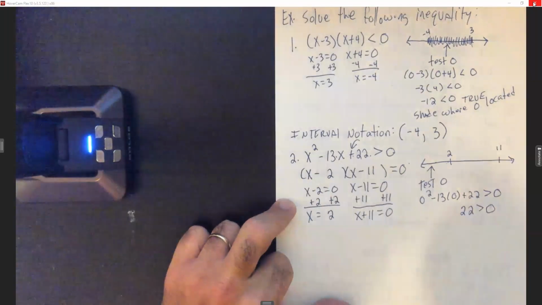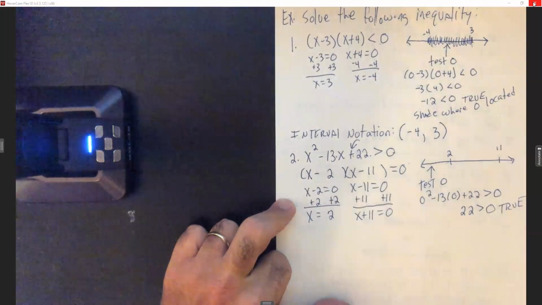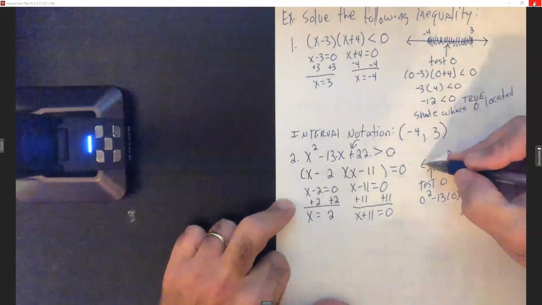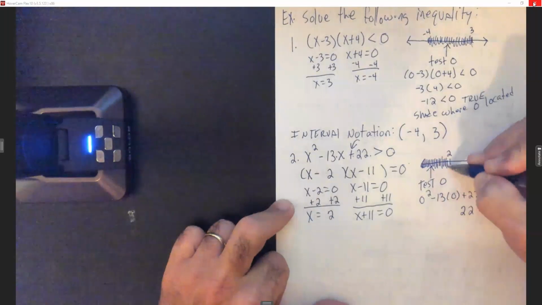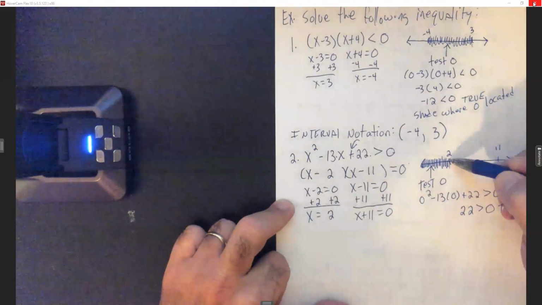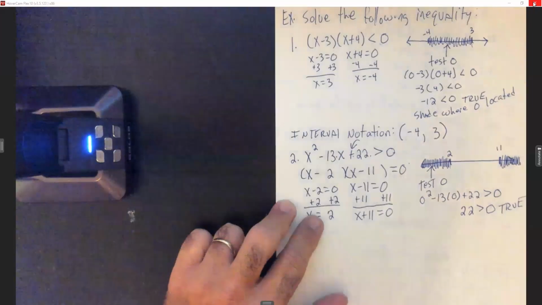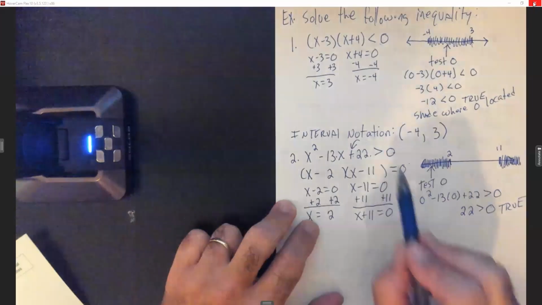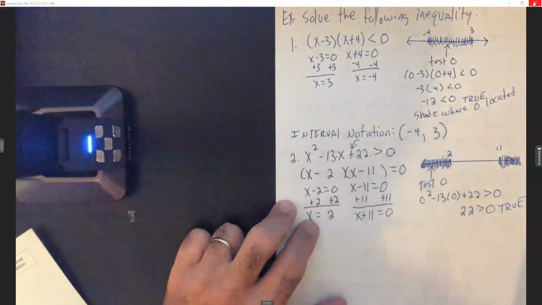That is true. So I would come up here and shade where the 0 was located. Now, since I shaded the first section, I automatically have to shade the last section. Okay? Now, there's not an equals under here, so I'm still going to be using curvy parentheses on my interval notation.